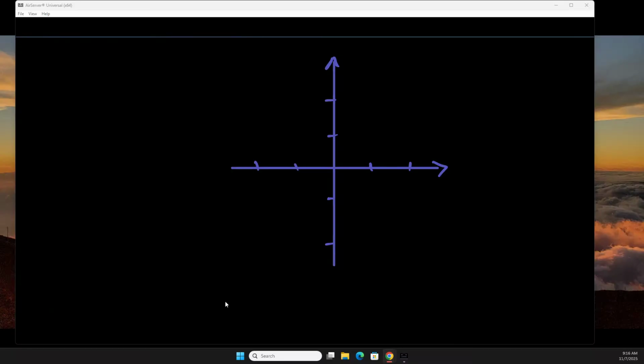Okay, so let's graph our relative extrema. So -1, -2, +1, +2. Alright, our points of inflection, we have one at 0. We have one at 1 divided by the square root of 2.